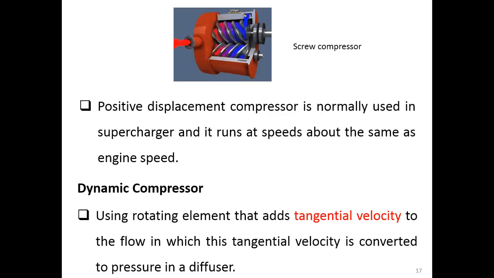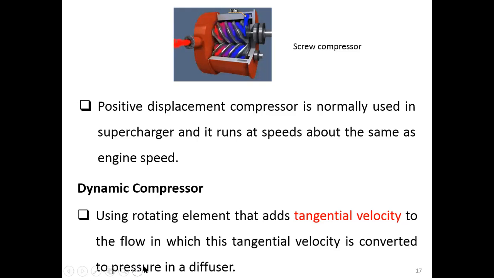So when the flow leaves this rotating element into the diffuser, this tangential velocity, or the kinetic energy along with it, will convert from kinetic energy into pressure energy, and this happens in the diffuser.